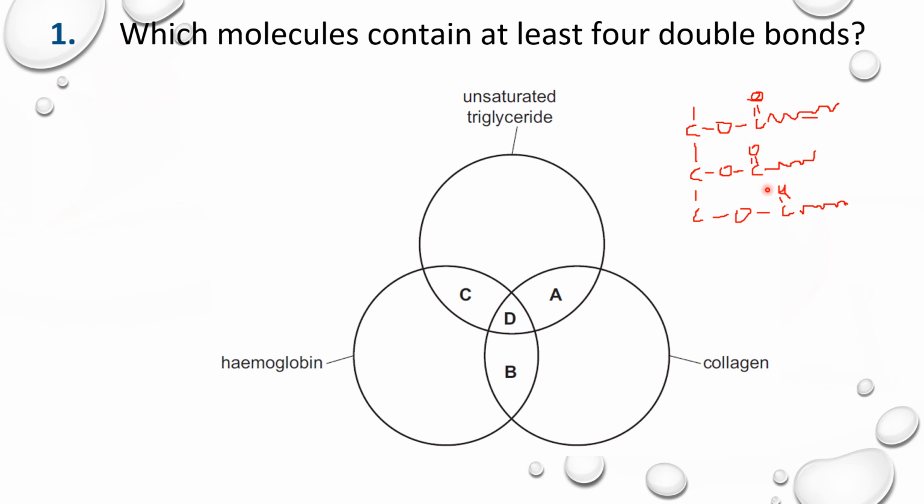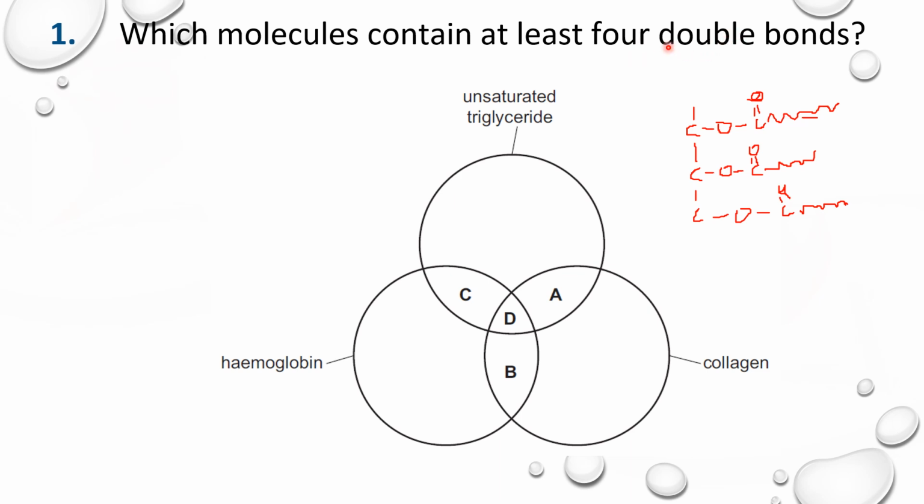So just the fatty acids alone give us 3 double bonds. Because they said unsaturated, let's assume one of them is unsaturated, that will make it 4. If 3 of them are unsaturated, that will make it 6. So unsaturated triglyceride should contain at least 4 double bonds.